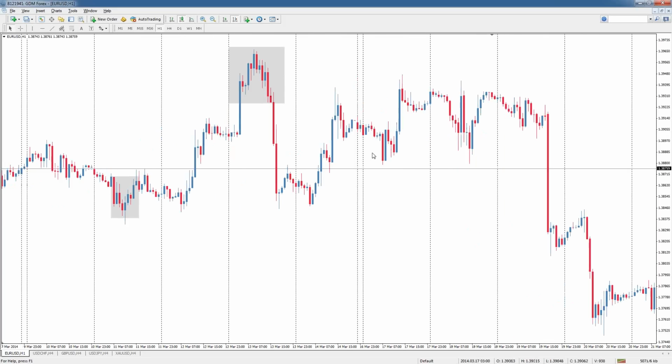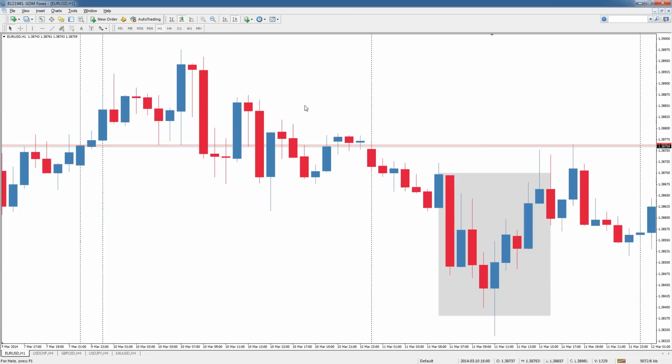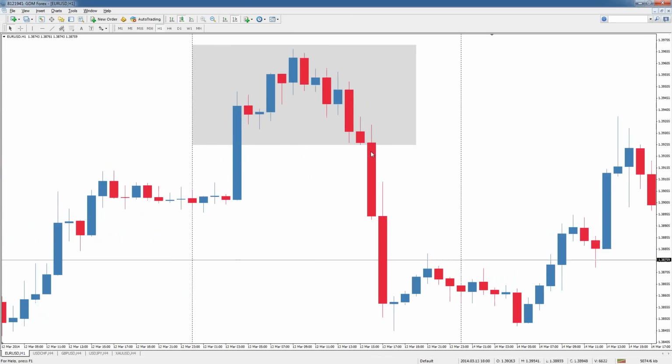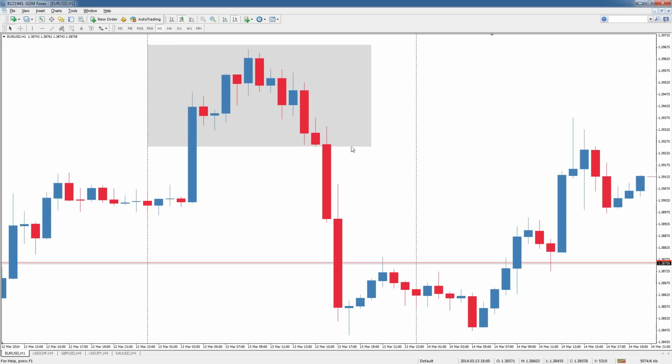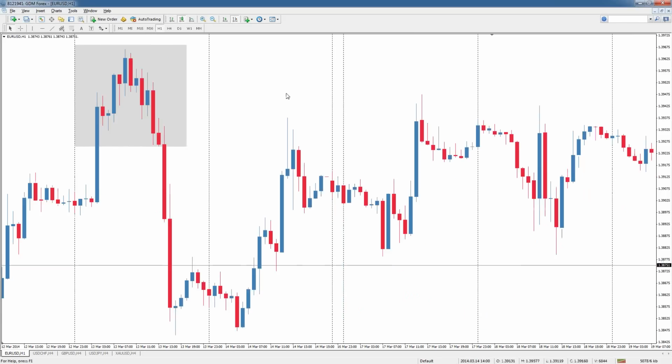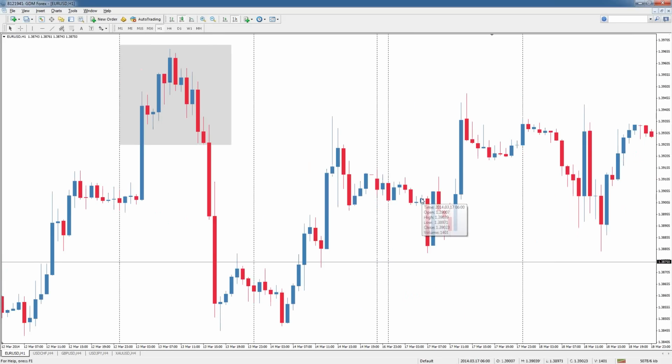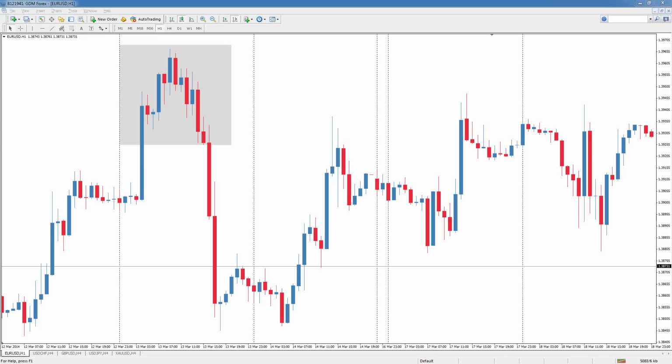So if you look at the middle of the screen right here, let me zoom in a little bit. You're going to spot something that looks like a head and shoulder. As I said, it doesn't really have to be beautiful or perfectly symmetric to be a good formation. For instance, let me just mark it up for you.